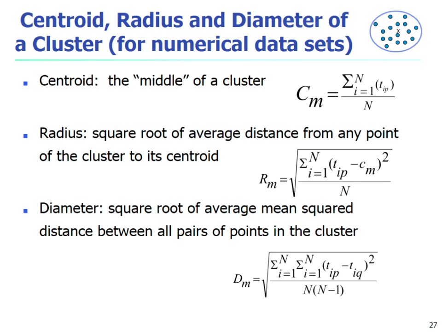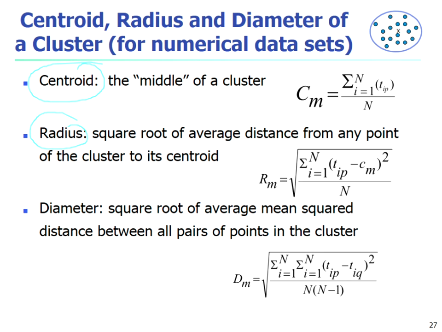Let's see together how we can calculate the middle of a cluster. The centroid is the middle of the cluster. That means we will make an average of all the tuples. The radius, so this is the centroid.